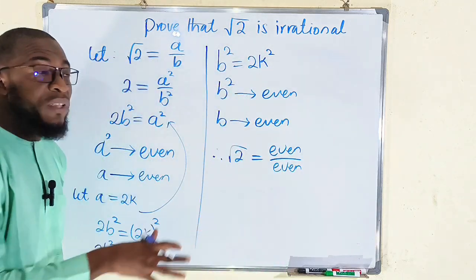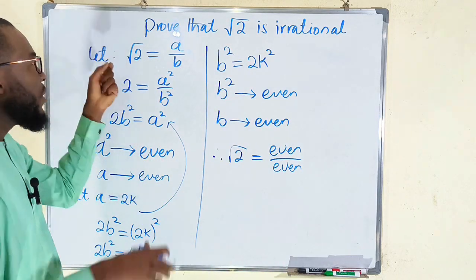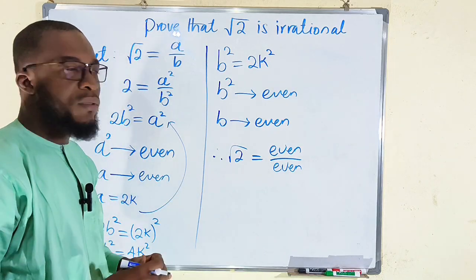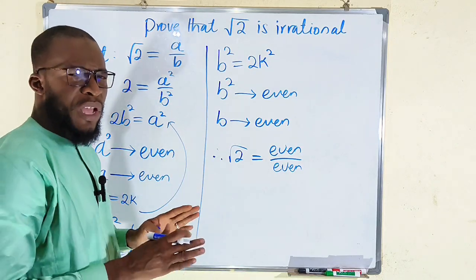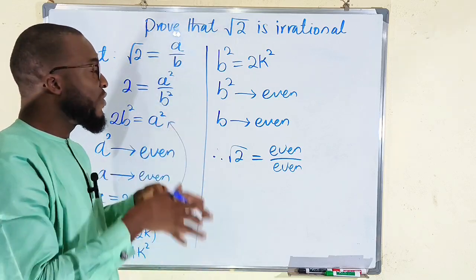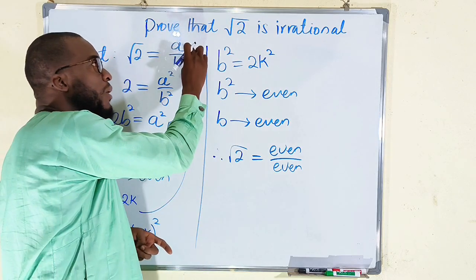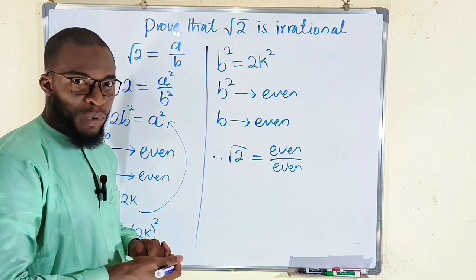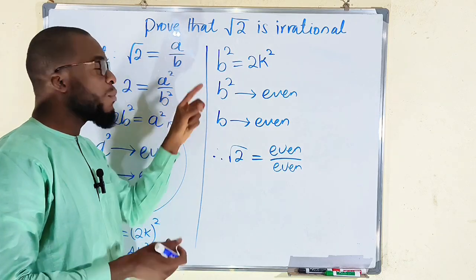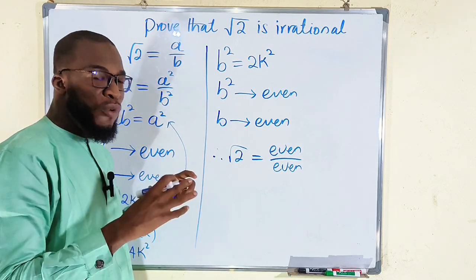The purpose of this proof is to prove this wrong. Remember, we know that the square root of 2 is irrational, but we just assumed it is rational. If it is rational, in the lowest term, we have a divided by b. Remember, we said that a divided by b is in the lowest term. It is non-reducible.